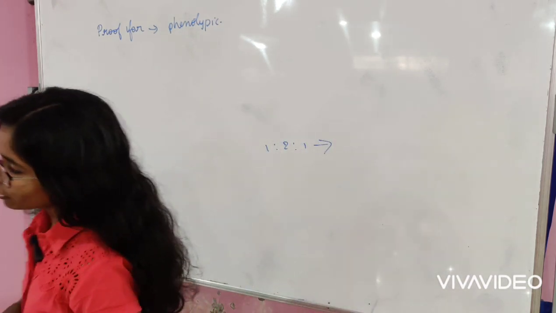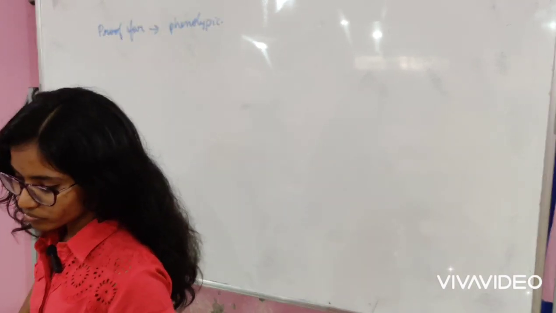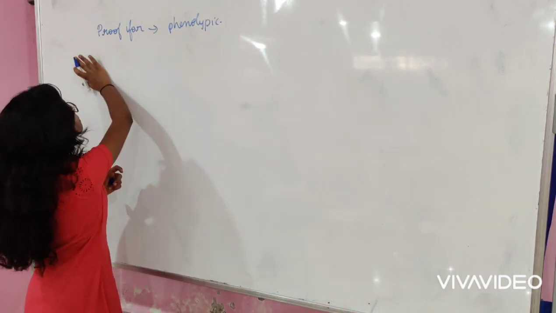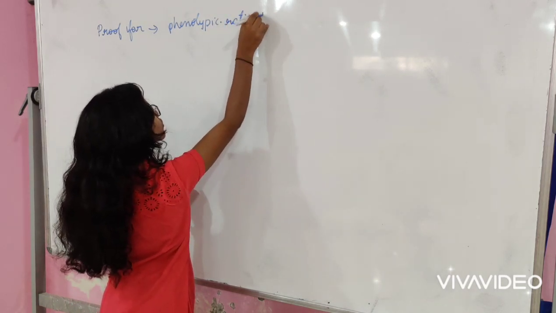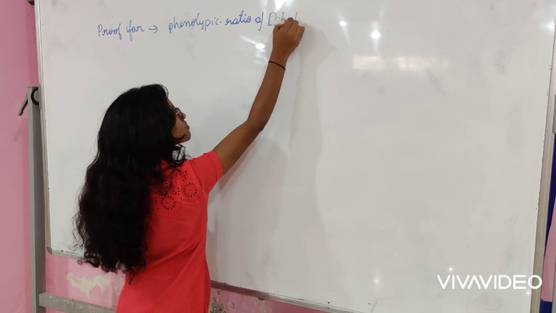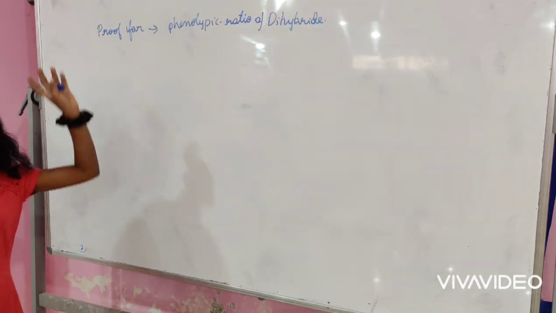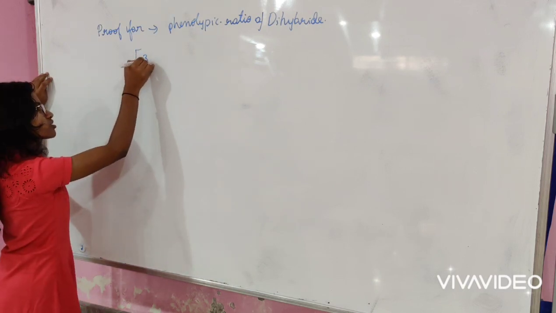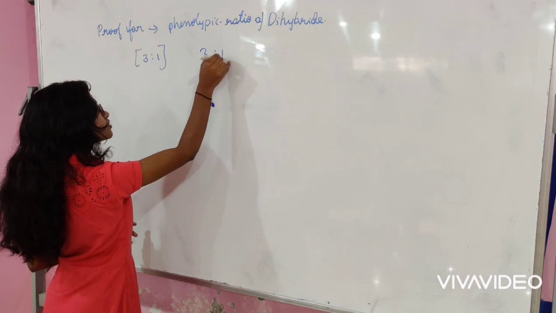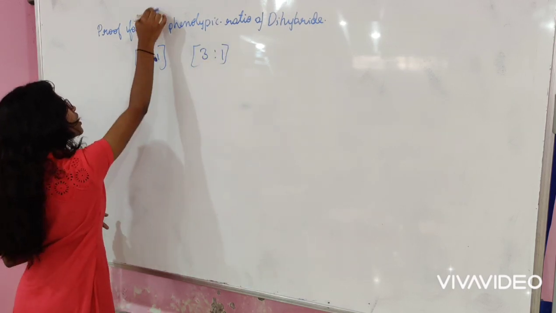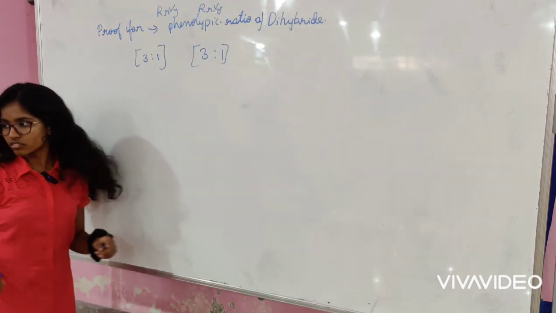Similarly, we will prove it for the phenotypic ratio also. Okay. Proof of the phenotypic ratio of dihybrid. The monohybrid phenotypic ratio was 3:1, right? And again 3:1. This is for R, r and Y, y. Okay.